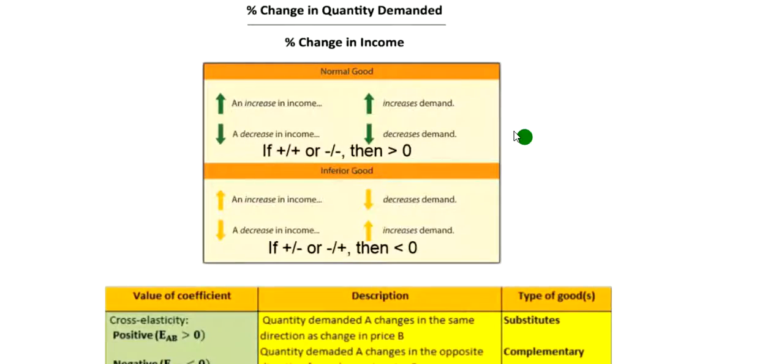Well, if it's a normal good, then we assume that if your income goes up, you buy more of it. If a good is an inferior good, then we assume that if your income goes up, you buy less of it. I was talking to my wife the other day about beanie weenies, and she said, "What are beanie weenies?" I said, "Well, it's like hot dogs and baked beans, and they're cheap.